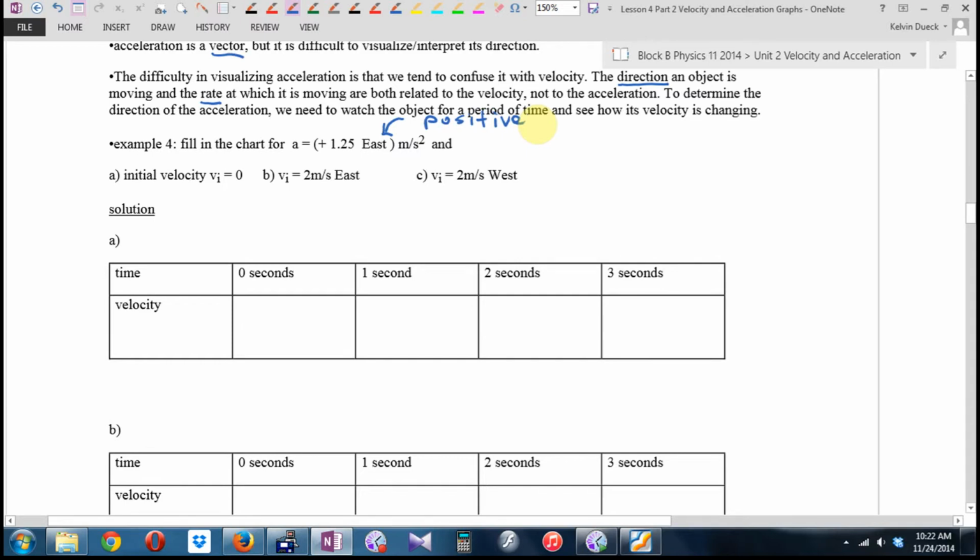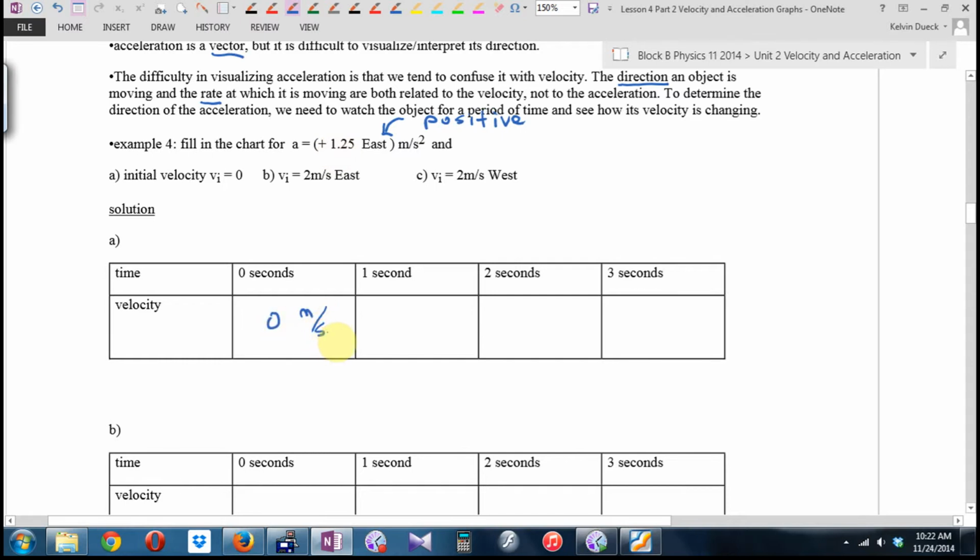Now, we could have done it the other way around. There's no rule that says east has to be positive, but since I put a plus sign in front of the 1.25, let's be consistent. So the initial velocity is 0. So at time 0, we're traveling 0 meters per second.